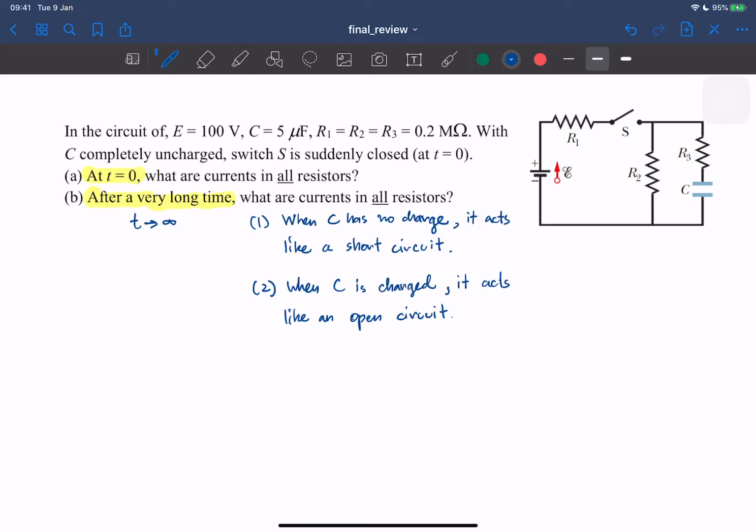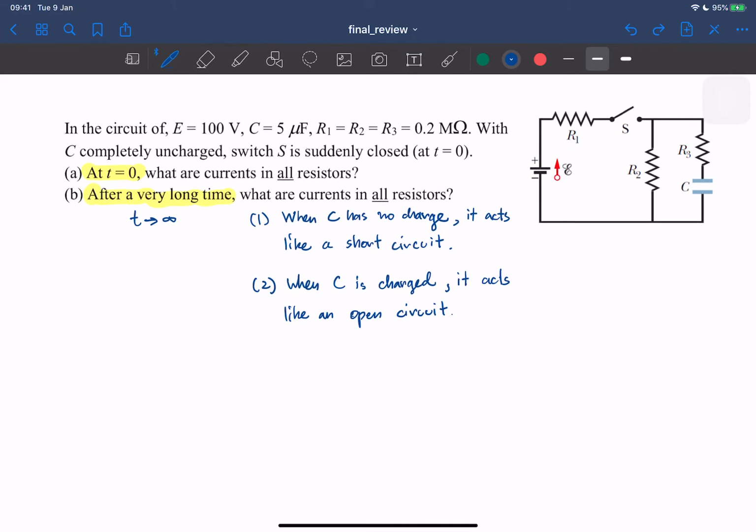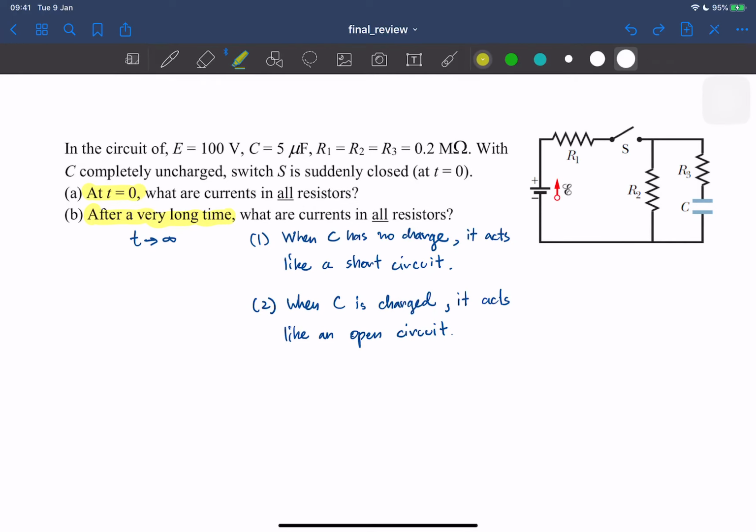So let me demonstrate what I mean here. Let's look at A, which is t equal to 0. When you close the switch, the complete circuit looks like this. When C has no charge, it acts like a short circuit, so you can forget about C here, right at t equal to 0.